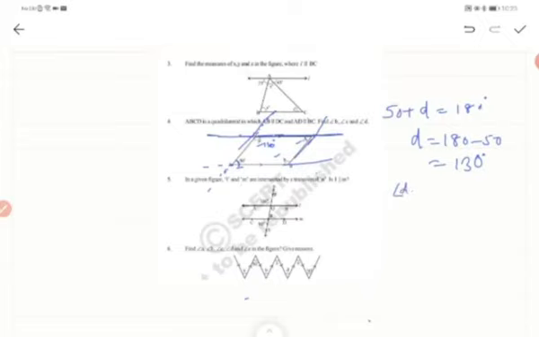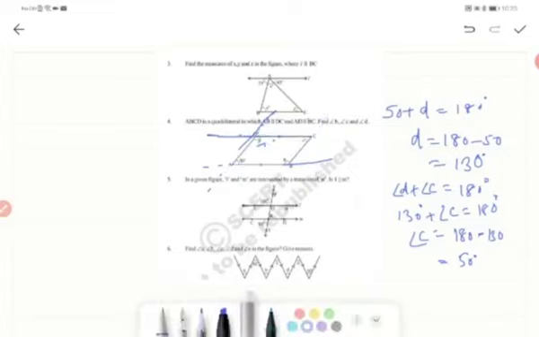Angle D plus angle C is equal to 180 degrees. I know D is 130, plus angle C we need to find. So angle C will be equal to 180 minus 130, which is 50 degrees. So your angle C will be 50 degrees.